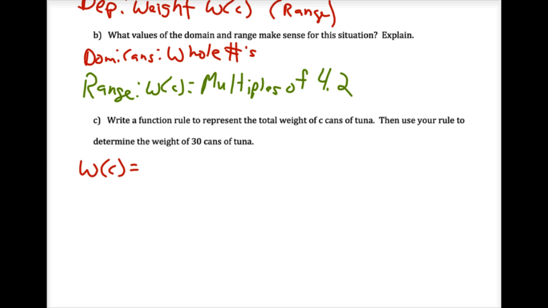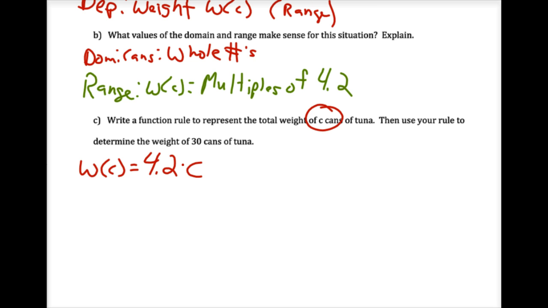What do you guys think? 4.2 times something. Use C instead of 30, because I want it for C cans, not 30 cans yet. Let's write the rule: 4.2 times C. The weight will always be 4.2 times how many cans you have.